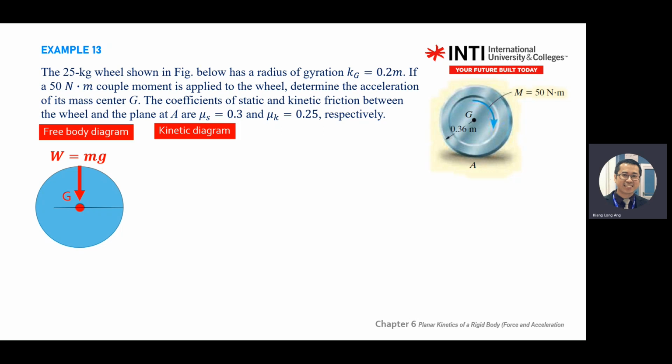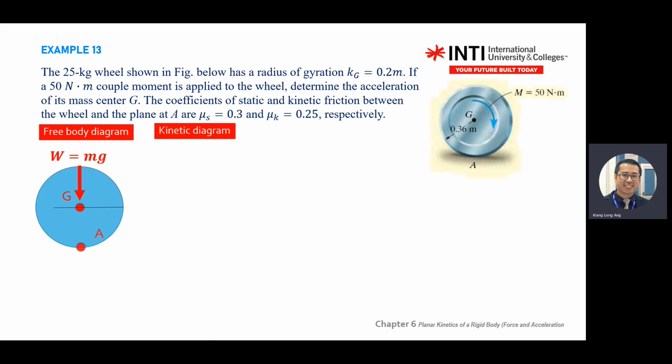But when it comes to rigid body, if you draw like this, it's not at the center of mass, you get the wrong answer. It must go through the center of mass, then only you get the correct answer. So for rigid body, if you're given the center of mass, all the weight must go through the center of mass. Don't simply go and draw one that is outside the center of mass.